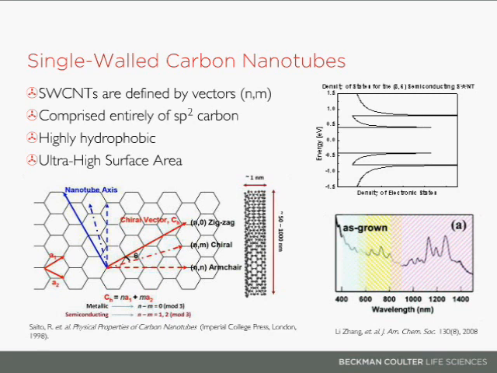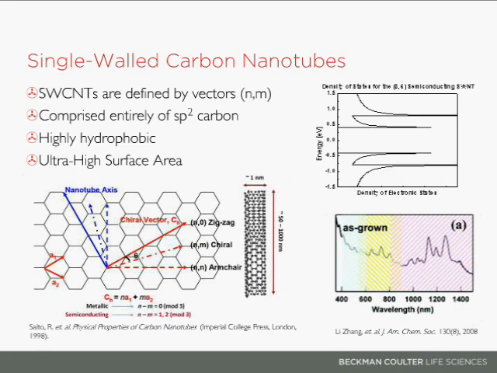The carbon nanotubes, as you can imagine, a piece of paper can be wrapped in several different schemes. Carbon nanotubes can be wrapped up in several different ways, and this greatly affects their optical and electronic properties. By any method of synthesis, they always have a heterogeneous mixture of 10, 20, 30 different wrapping schemes.